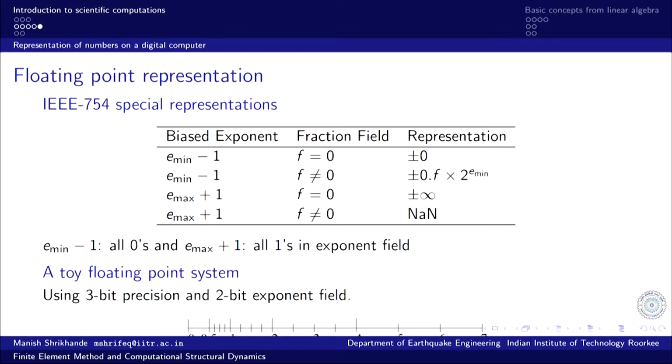In either case it is a large round off error, but if I can somehow scale it back to this range, then the round off error is much smaller, and after computation I can again scale it back to the original magnitude that was required.